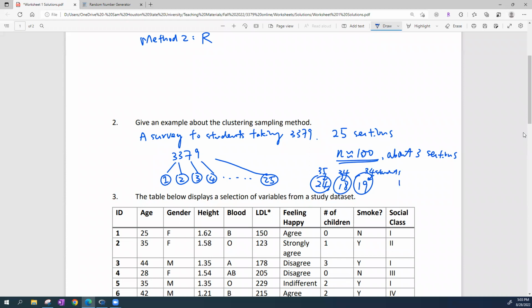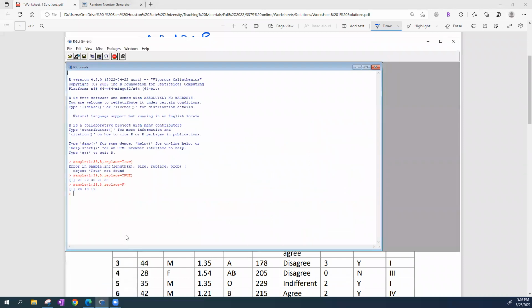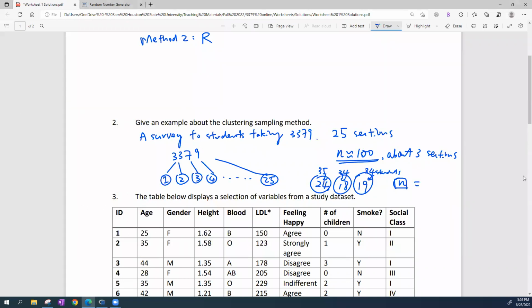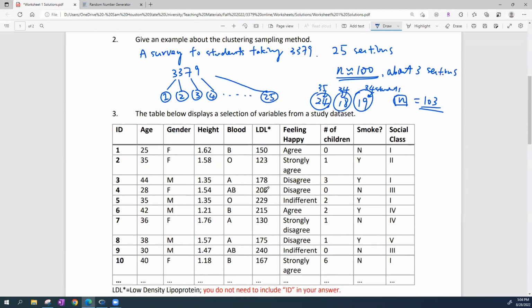So then the real sample size n is 35 plus 34 plus 34. That gives us 103. So we have this sample of size 103. That's question number 2. Let's look at question number 3.